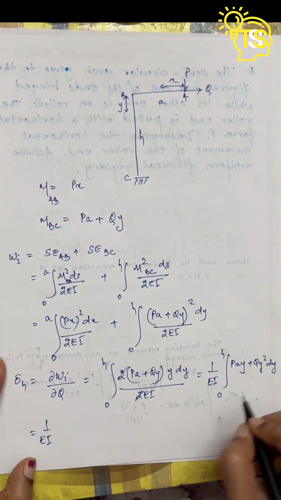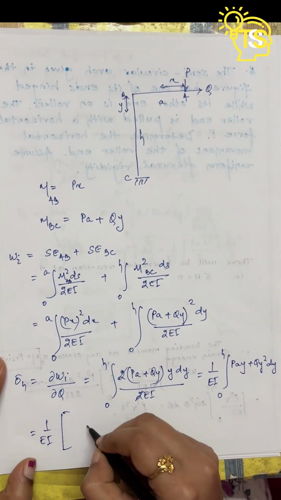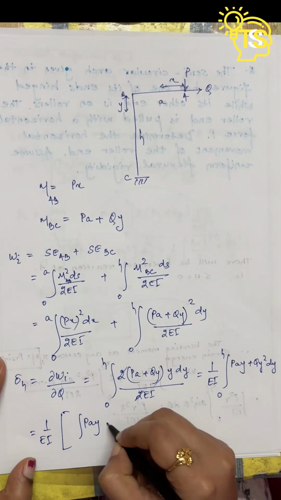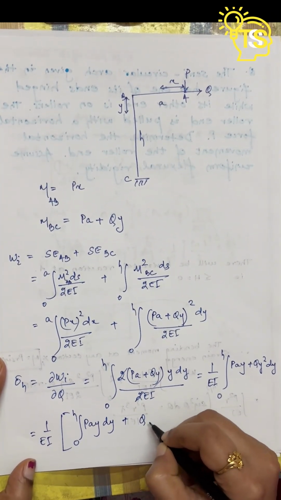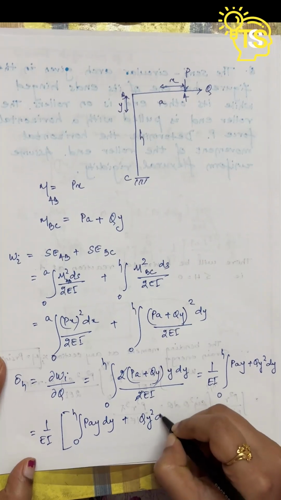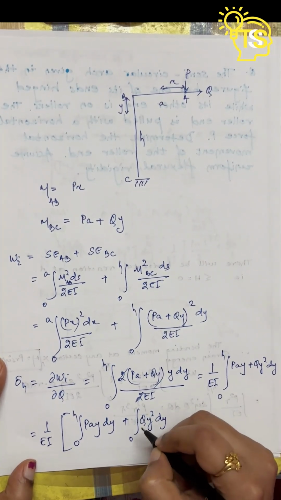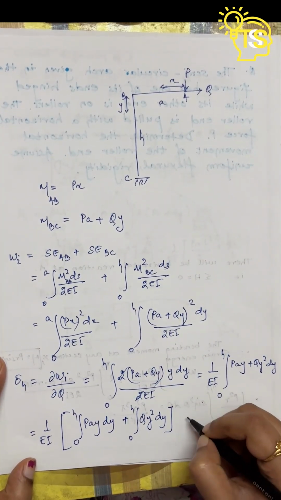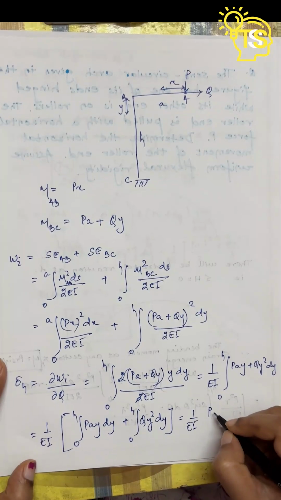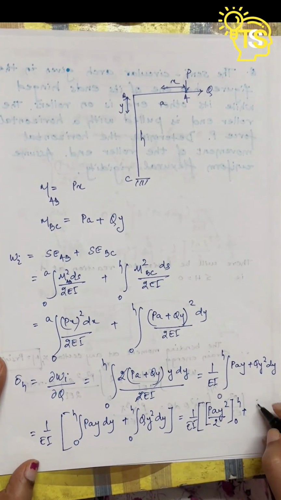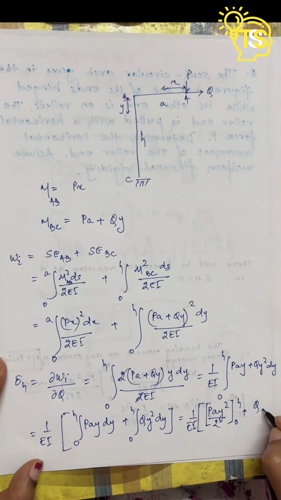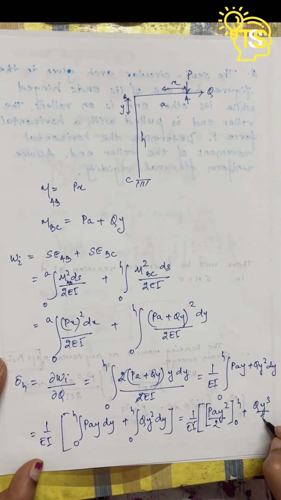Now let's separate these two terms and integrate. We will get Pa y square upon 2 plus Q y cube upon 3.